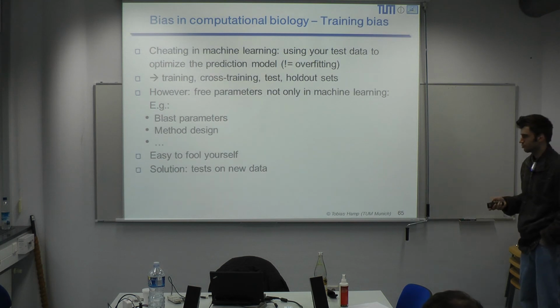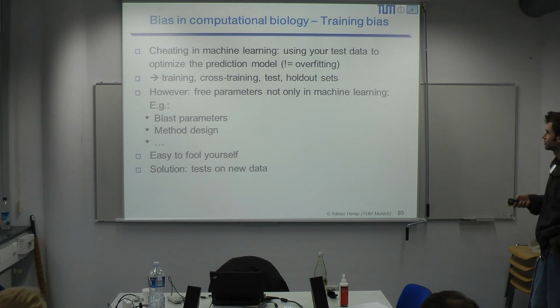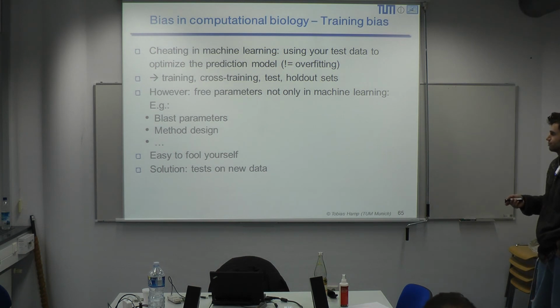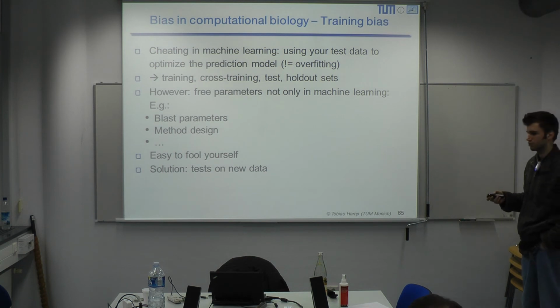Finally, a rather machine-oriented bias, namely training bias. So if you have some sort of machine learning model, I'm sure some of you have already heard about it, you can usually push it to a point where it doesn't make any mistake on the training data.